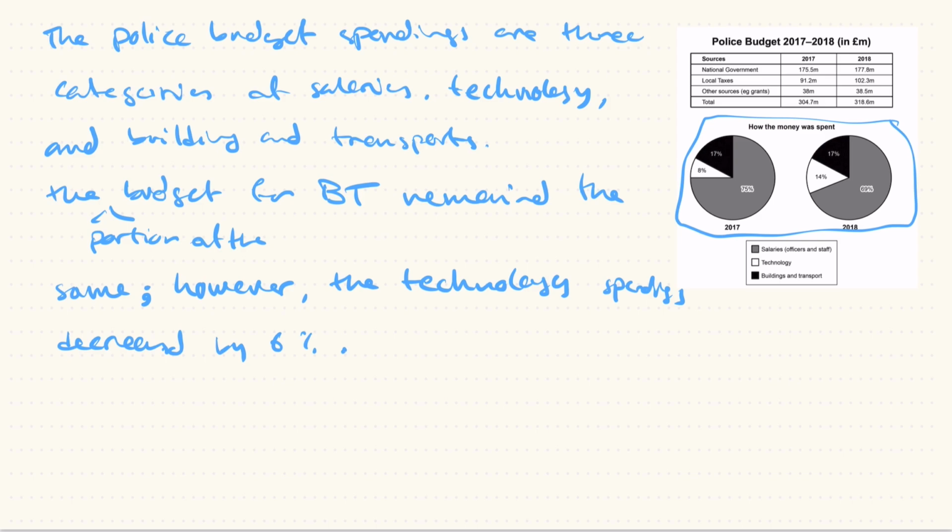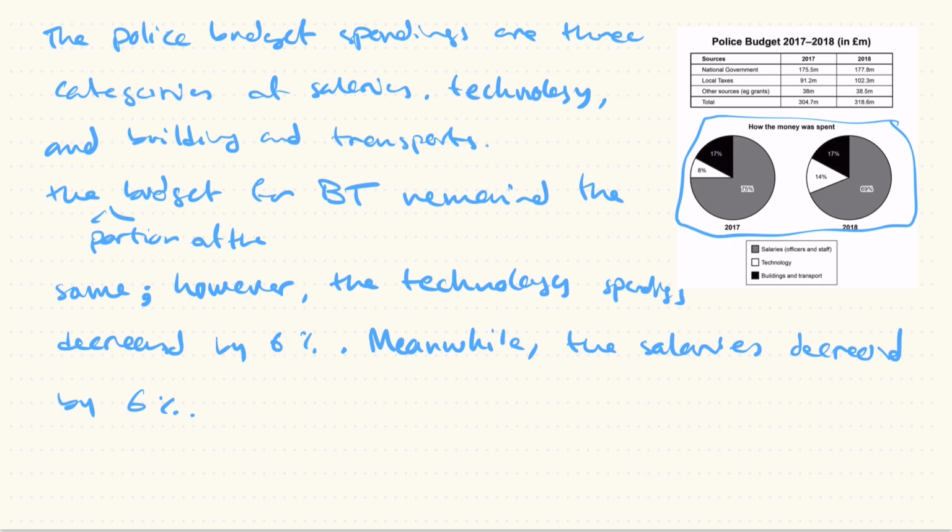And now you can also bring it at the last point. Meanwhile, or at the same time, something like that. Meanwhile, comma, the portion of the salaries decreased by, is it 6%? 6%, yes.